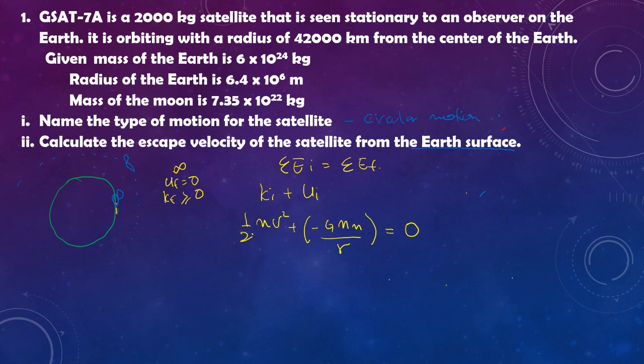So we arrange our equation here, and we get the minimum velocity or the escape velocity: v is equal to the square root of 2GM over r.